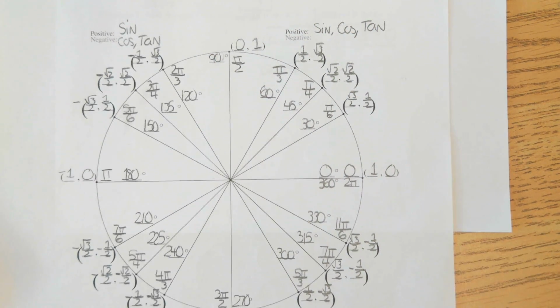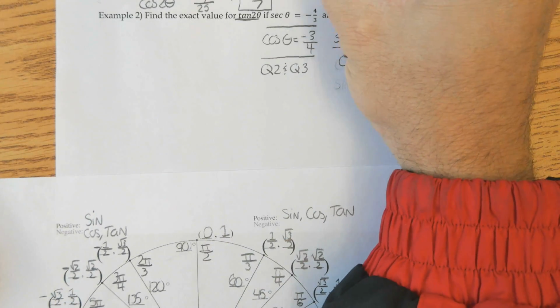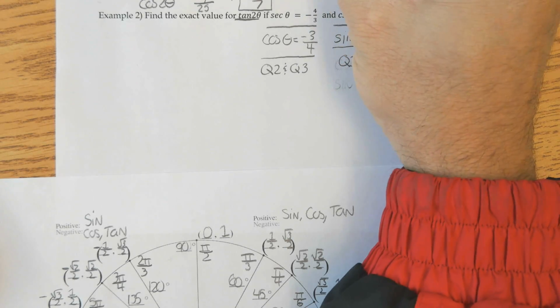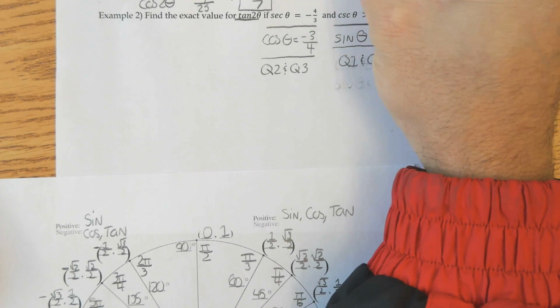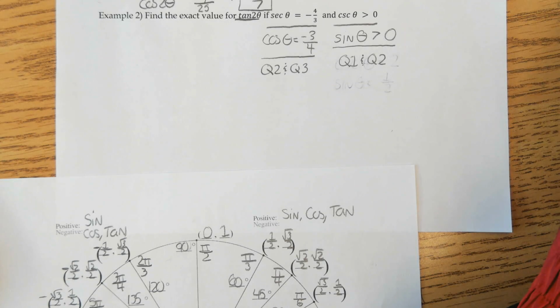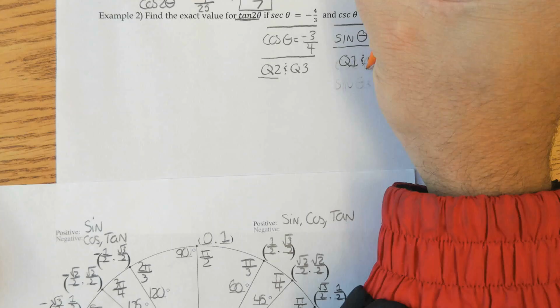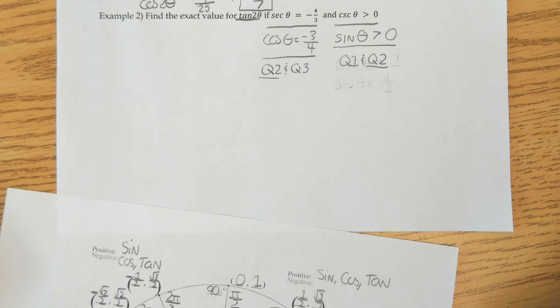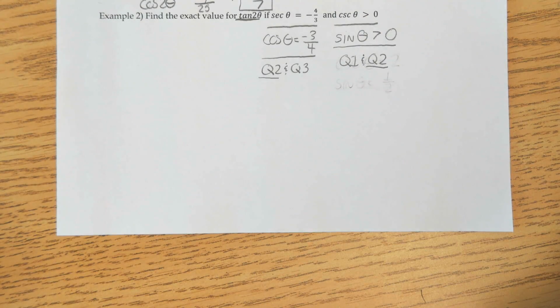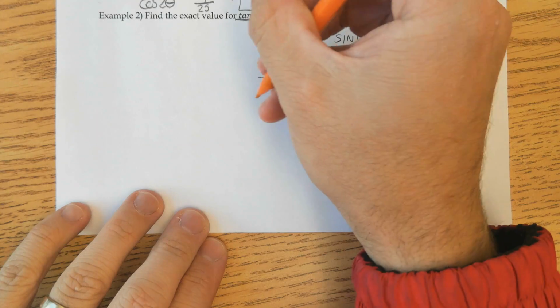That is a good thing, because now we know that based on this parameter, our triangle is going to fall in either quadrant 1 or quadrant 2. And now what do I notice that they both have in common? They both have quadrant 2. So therefore my triangle falls in quadrant 2.